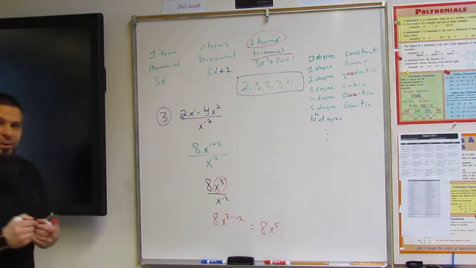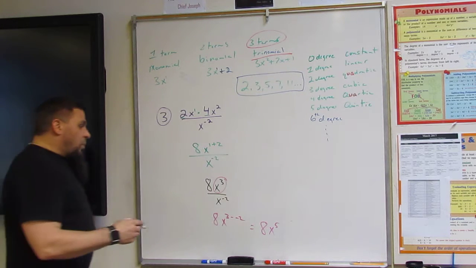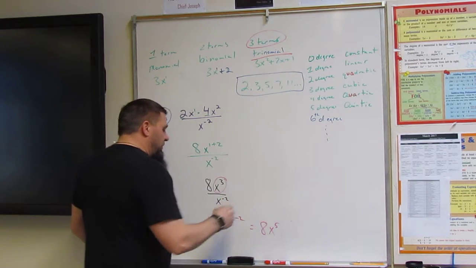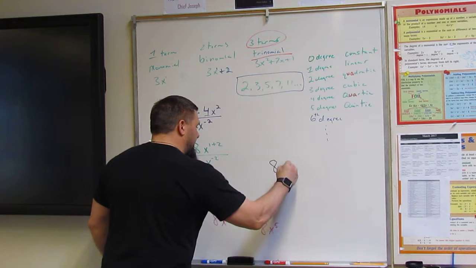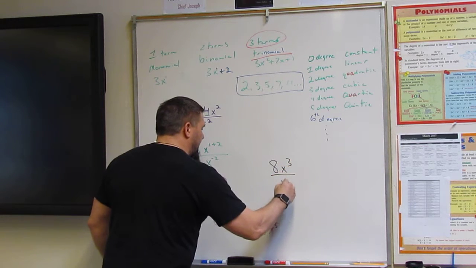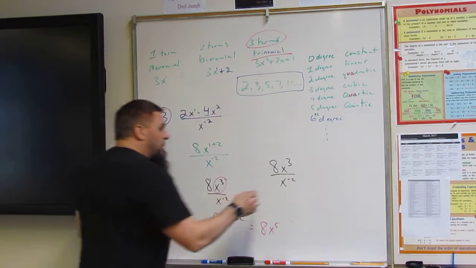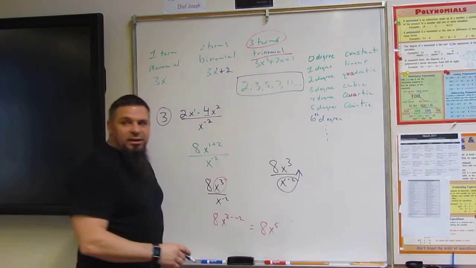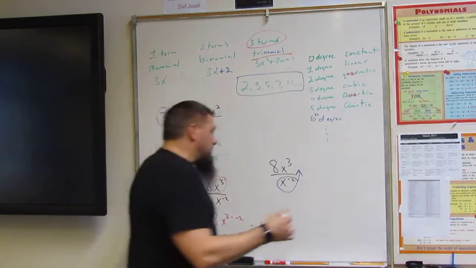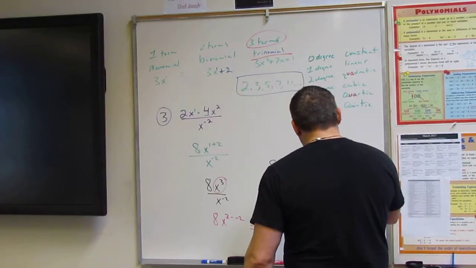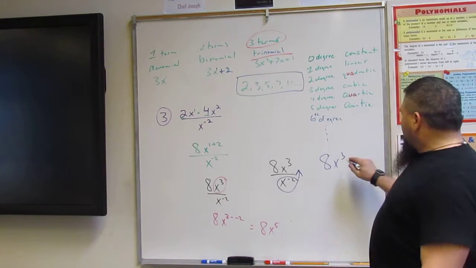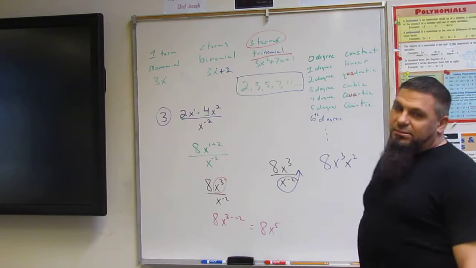And another way of doing it would be if you had 8x cubed over x to the minus 2, you could just move this up and make it positive. So then that would be 8x to the third times x to the second.